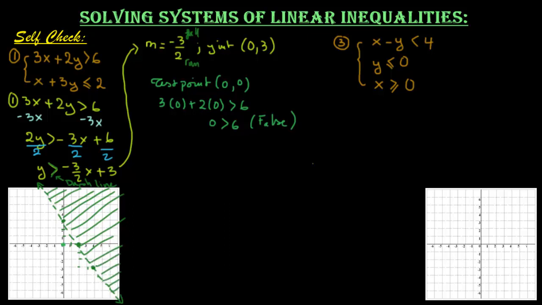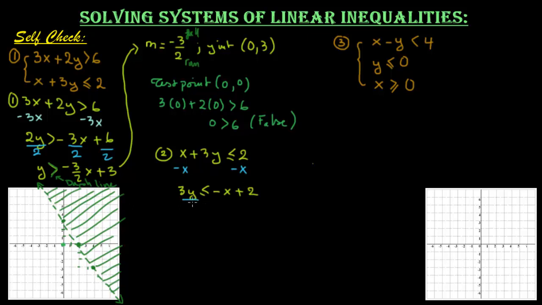Now we graph the second inequality. The second inequality is x plus 3y less than or equal to 2. The concept repeats: we have to solve for y. So subtract x on both sides. We have 3y less than or equal to negative x plus 2.